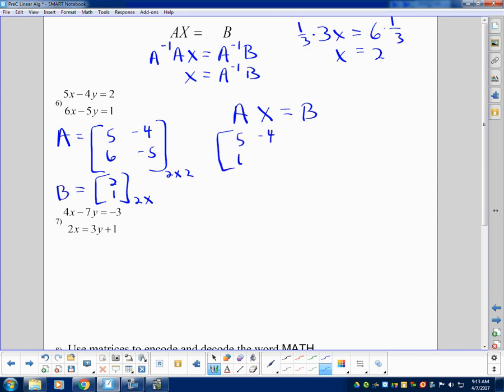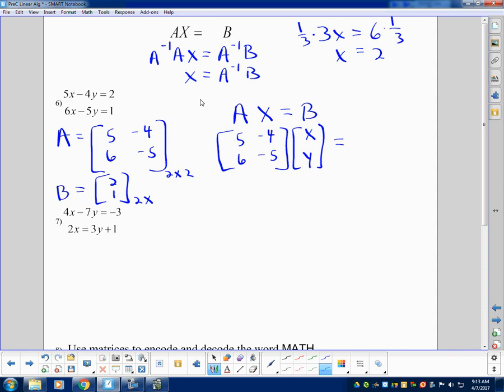The matrix X, which I'm trying to solve for, is the variables x and y, just as they were on the last part of the worksheet on your homework. X was the top, Y was the bottom, and those represented coordinates of your shape. Equals B, and B is 2, 1.